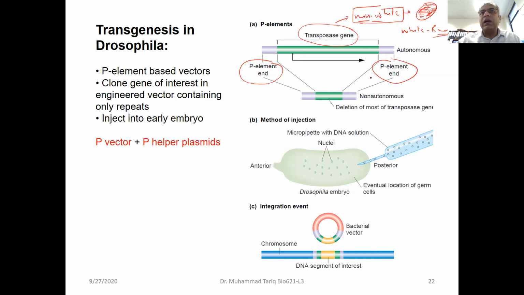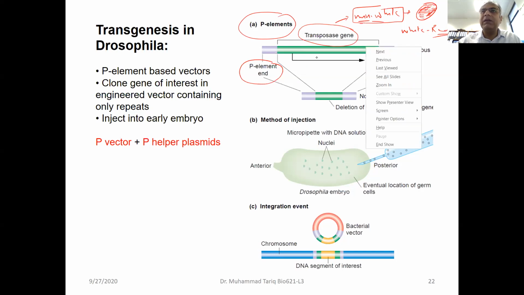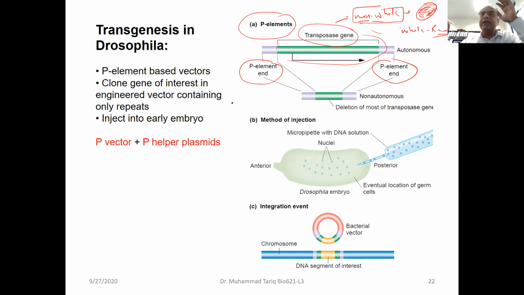You have this P element plasmid injected together with the transposase, because you don't want to have transposase here. If it will be integrated, it will not allow your mini-white and whatever your gene of interest is to be integrated stably, because transposase will again and again act and excise it from the genome.